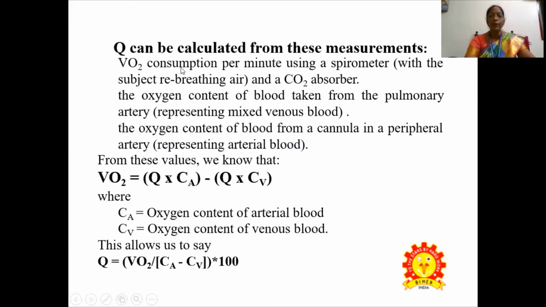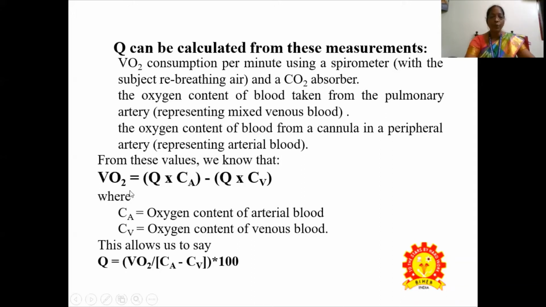The VO2 is the oxygen consumption per minute using a spirometer with the subject rebreathing air, and a CO2 absorber, the oxygen content of the blood taken from the pulmonary artery representing mixed venous blood. The oxygen content of the blood from a cannula in a peripheral artery represents the arterial blood.